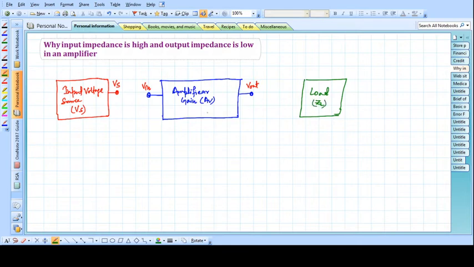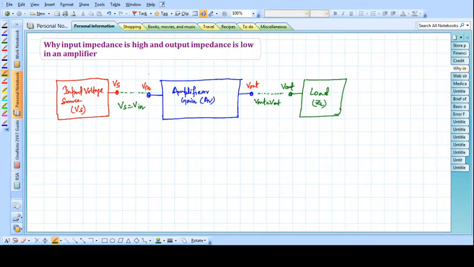The load output should be Vout, and Vin is Vin. The input voltage from the input source should be the same, so Vs equals Vin, and Vout equals Vout here.